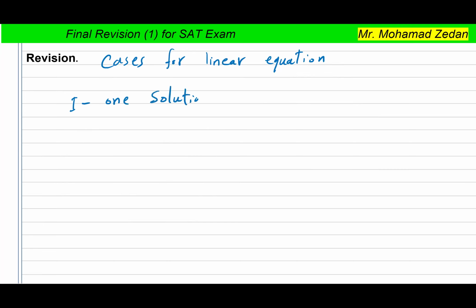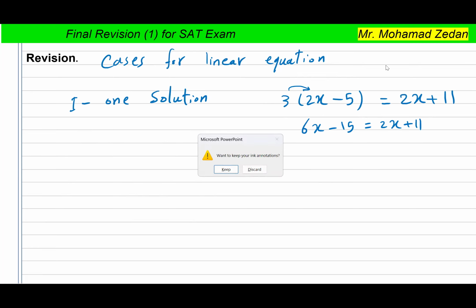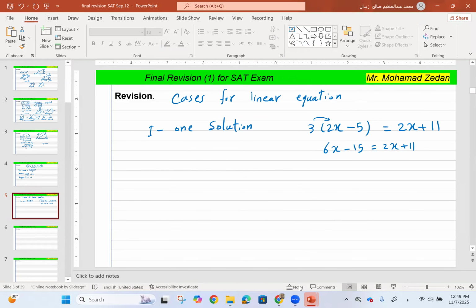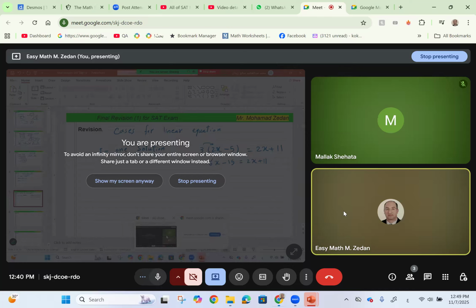It means that the x values on each side are different. After removing the bracket here, you will get 6x minus 15 is equal to 2x plus 11. In this case, once you see the x values are different, you can simply solve it.